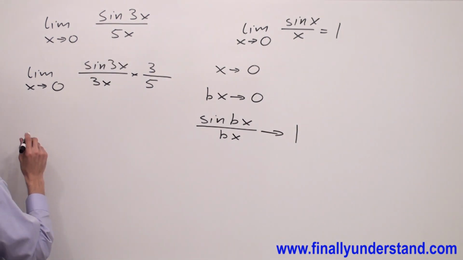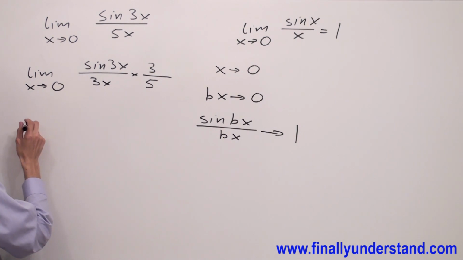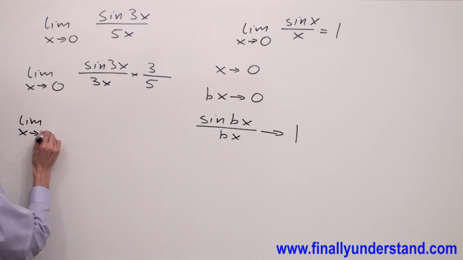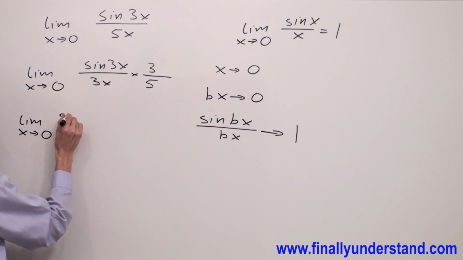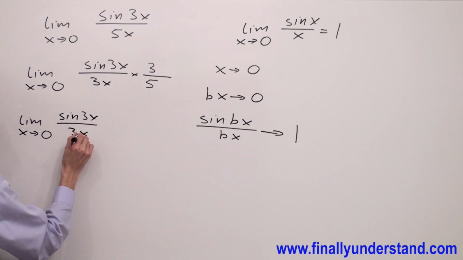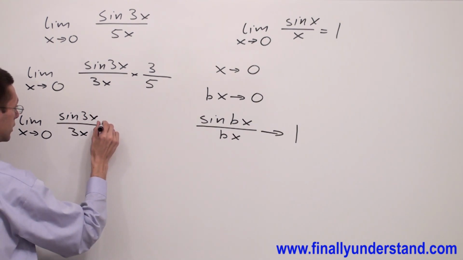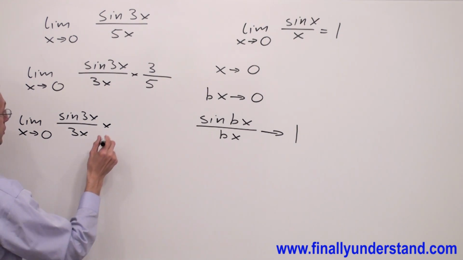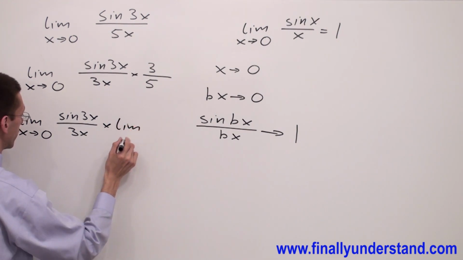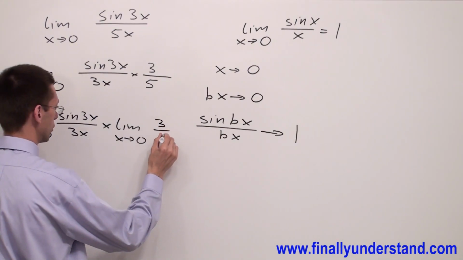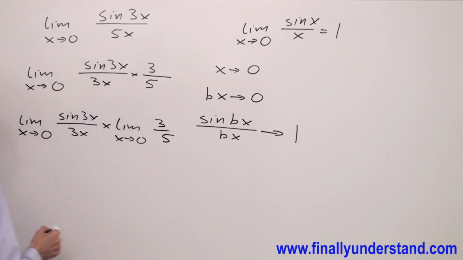So I can rewrite this as the limit as x approaches 0 of sine 3x over 3x, and because I have multiplication, I can take the product of the limits. So I have the limit with x approaching 0 of 3 over 5.